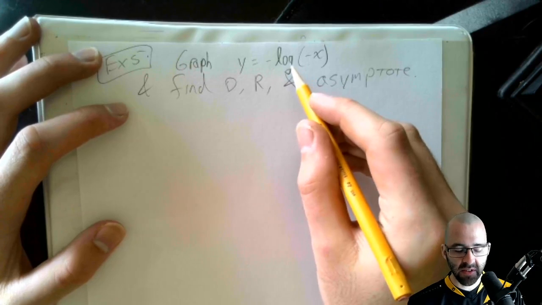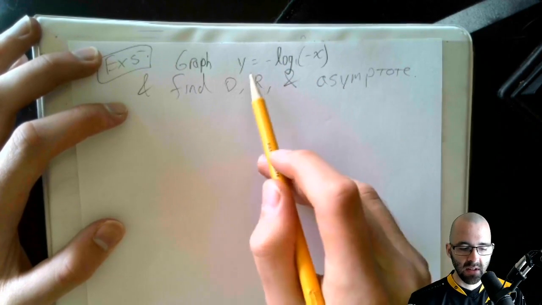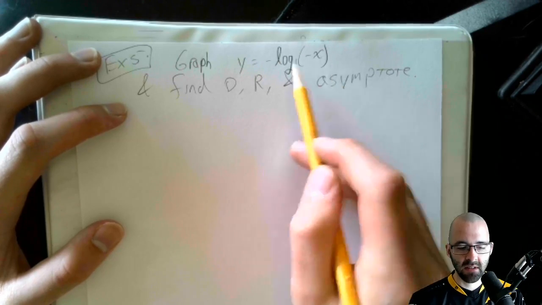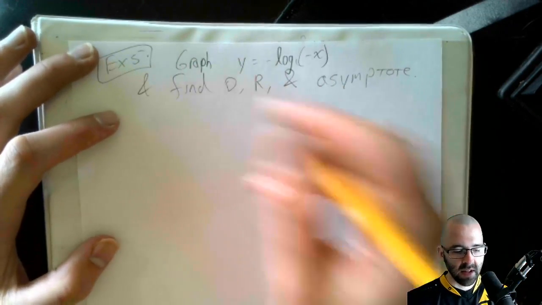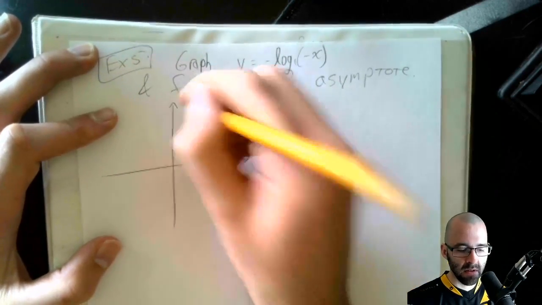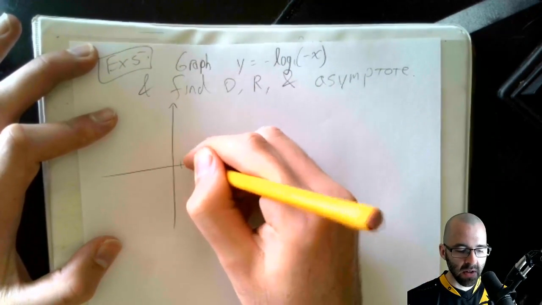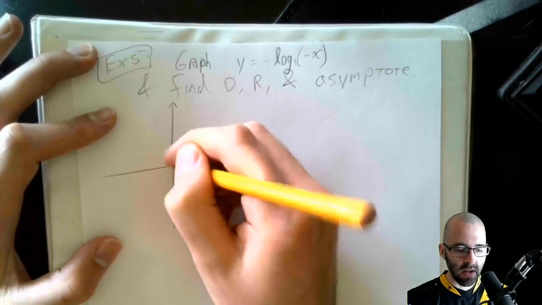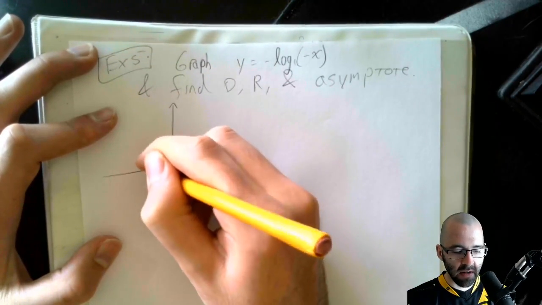What is the inverse function of this? Negative x, 10 to the negative x. Oh, I see. So either way, we do need to graph it. What I'm going to do, I'm going to do something a little different.